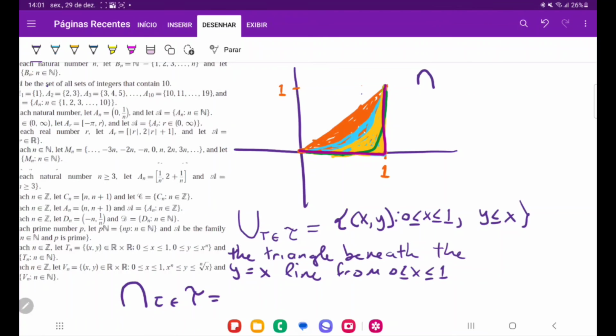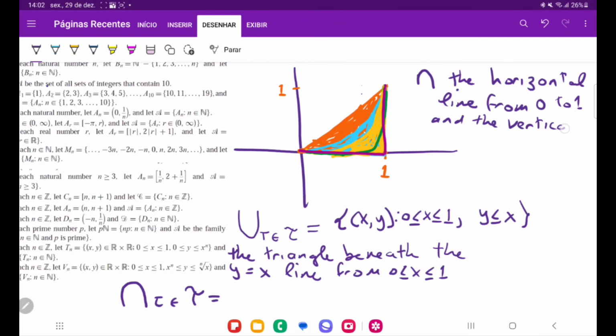So the intersection is basically going to be this L-shape. It's going to be the horizontal line from 0 to 1, and the vertical line from 0 to 1, right?